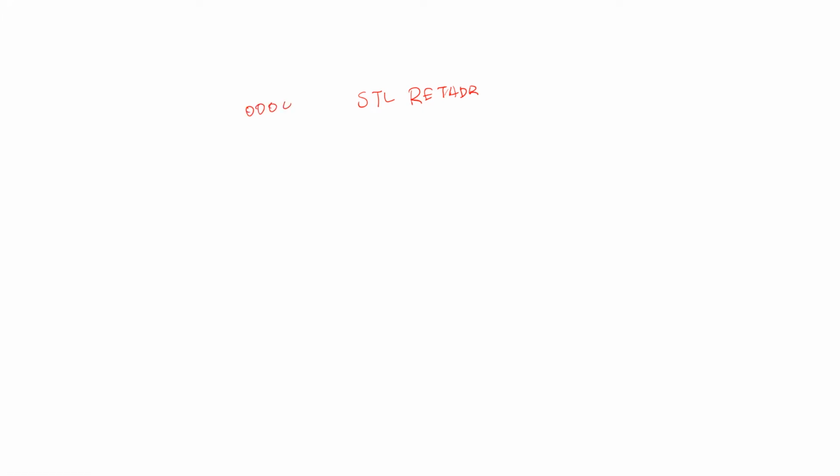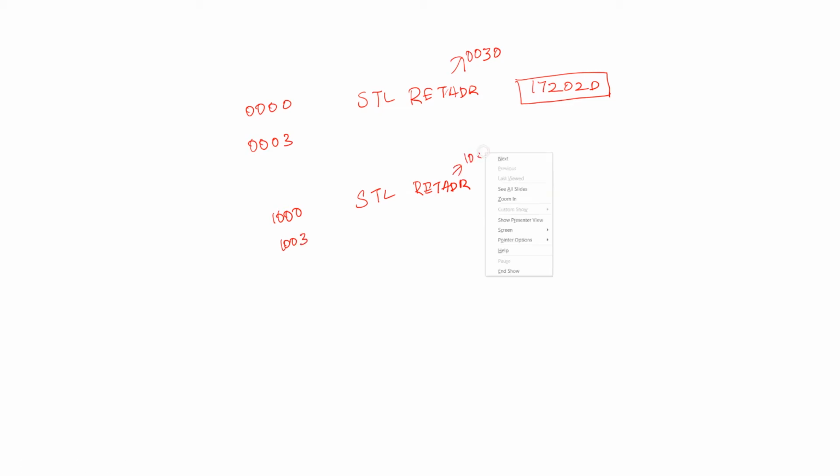Suppose this is in location 0000, the program counter value is 0003, and RETADR value is 0030. We discussed this and we got the value 17202D. Now suppose the same instruction STL RETADR, and the program starts at 1000, so the program counter value will be 1003 and RETADR will be in location 1030.